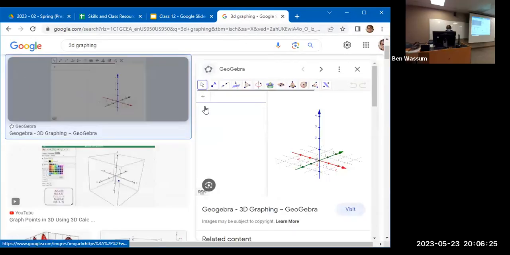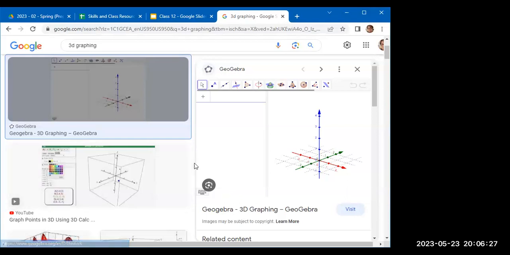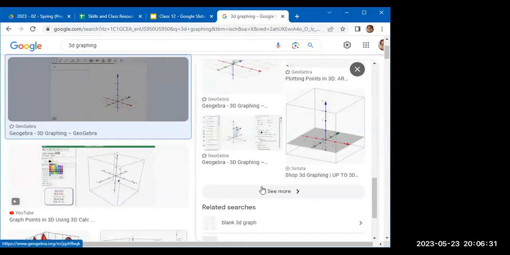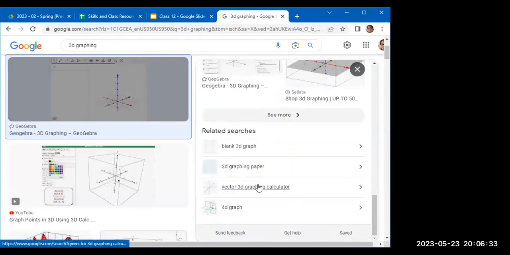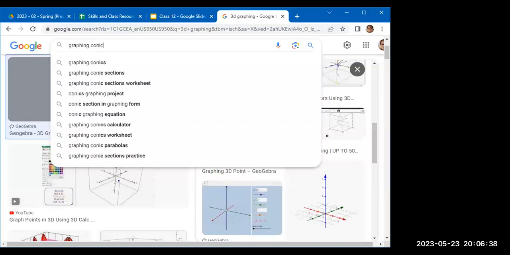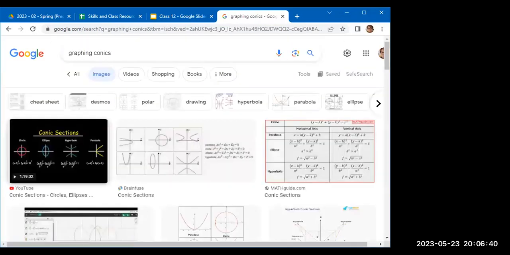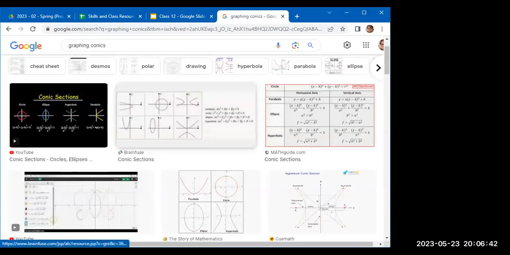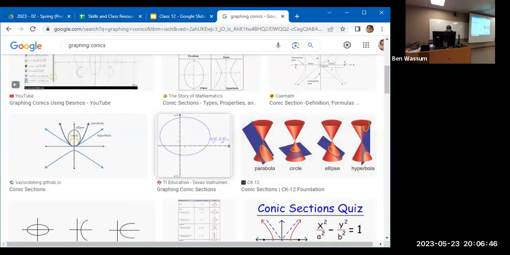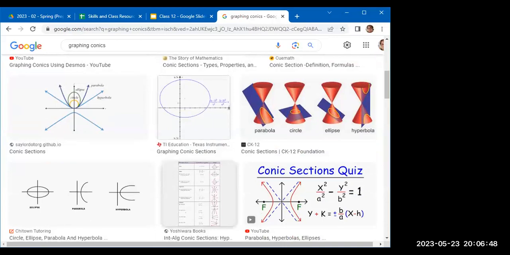Are we talking something kind of like that? No, it was more like a cone, maybe? No, it wasn't a cone.